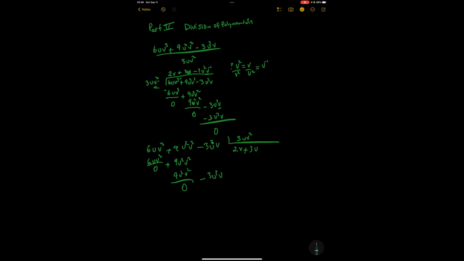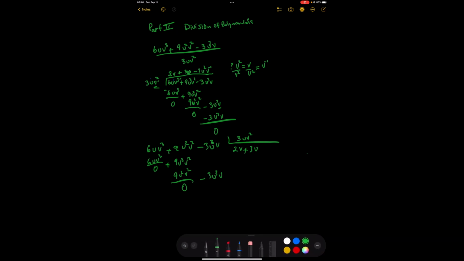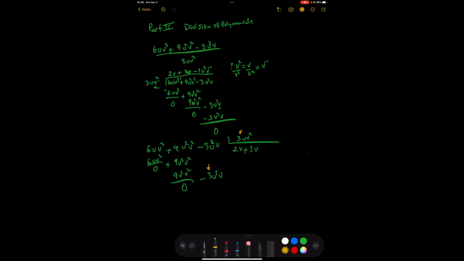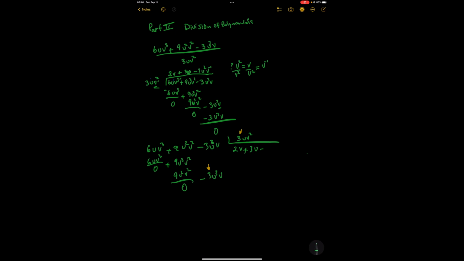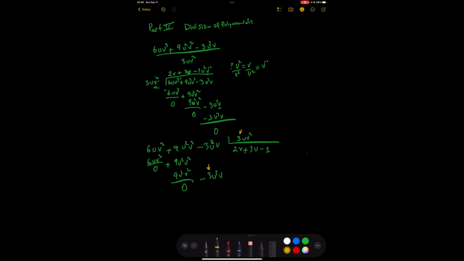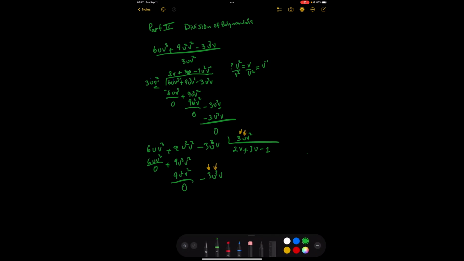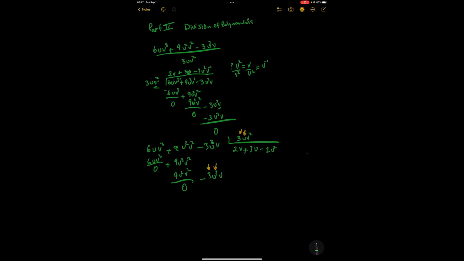So again, when you're doing the division, try to do the multiplication in your head as you're doing the division. So here, 3 over 3. So we're looking at these 3 right here. These 3 divided by these 3 will be equal to what? It will be equal to 1. This u cubed divided by u will be equal to what? U squared.